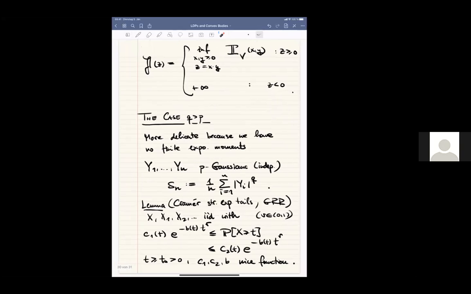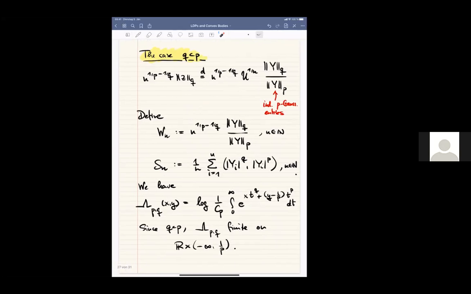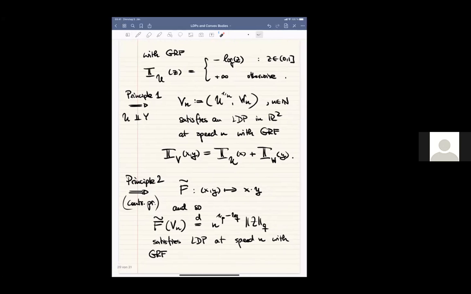And remember, Sn is this. The quantity we're interested in, which appears in the numerator, is the q norm of y. So I now contract the whole thing with the function x maps to x to the 1 over q, and I get an LDP for the q norm, with normalization.